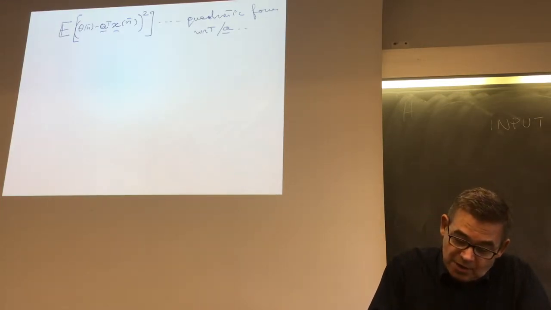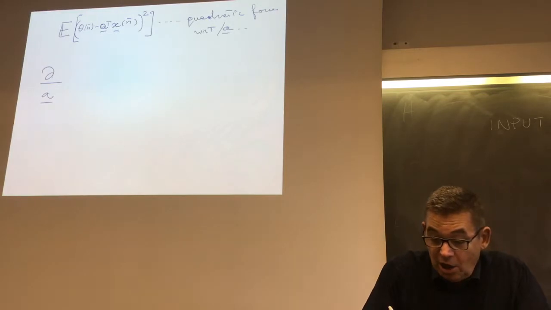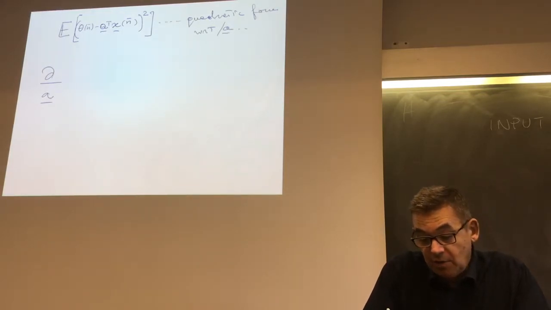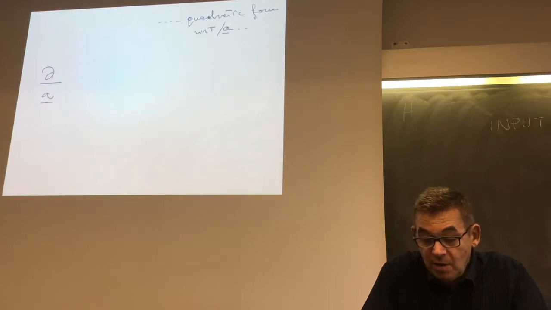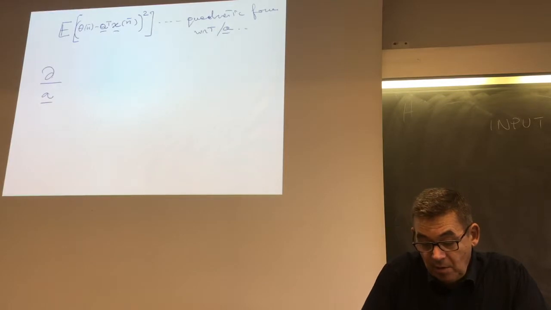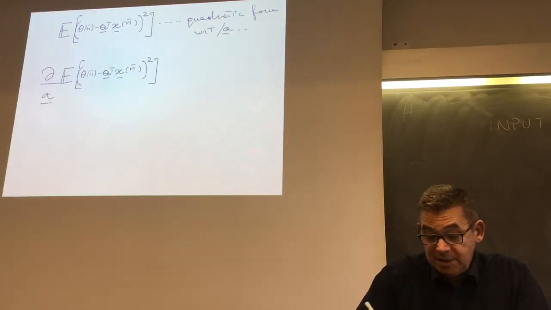So what I do now, I take the derivative with respect to A of the error, and let me set it to 0.